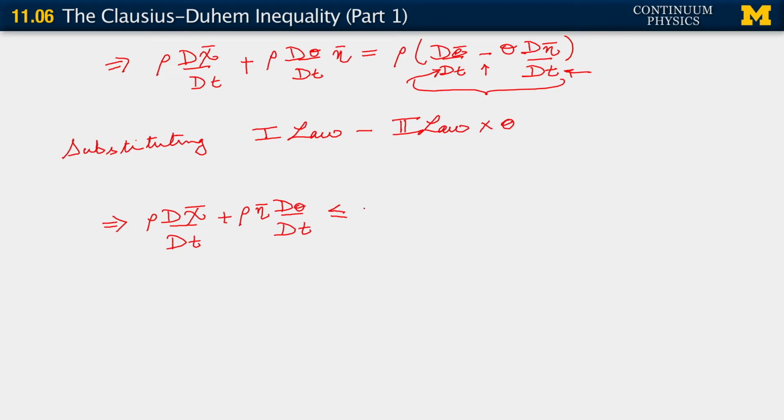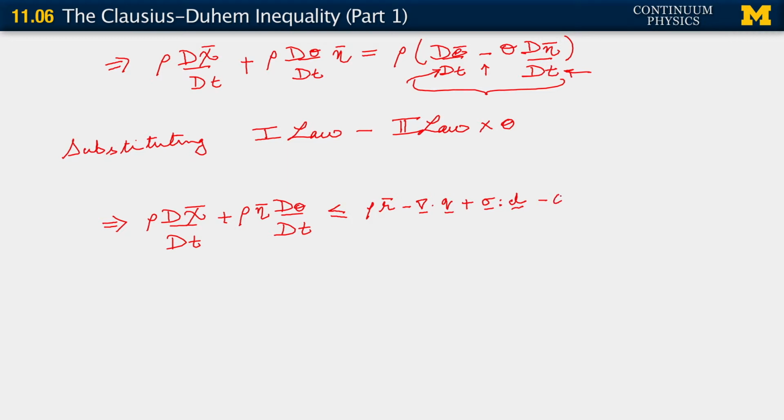From the first law, we get rho r bar minus divergence of Q plus the rate of working of the Cauchy stress. And from the second law, we get the following.